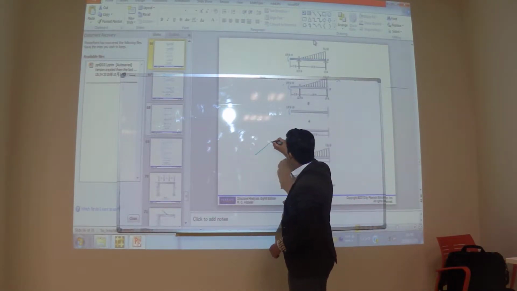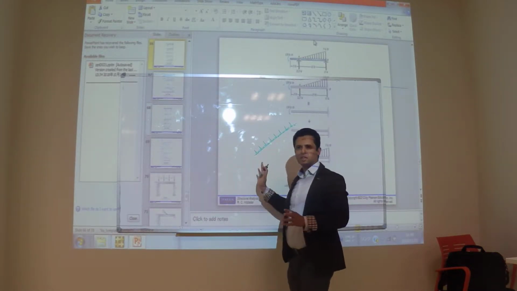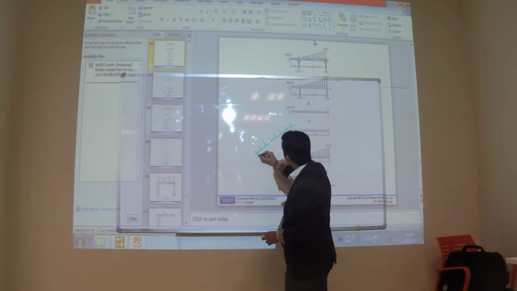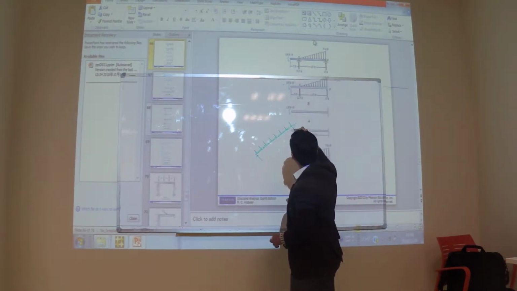For example, if you have a load like this, there will be two components. One component of the load is horizontal. This horizontal component will not have any effect. It will not create any bending moment and shear force. But for this other component, you will have reactions here.